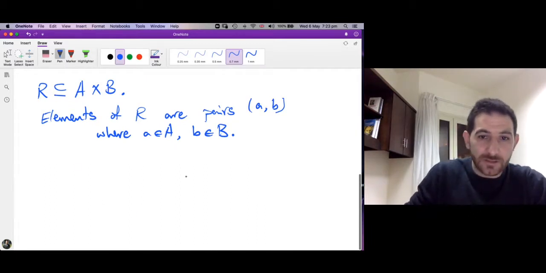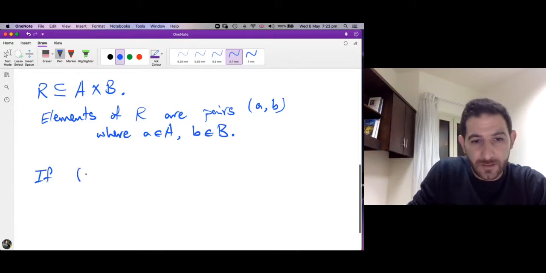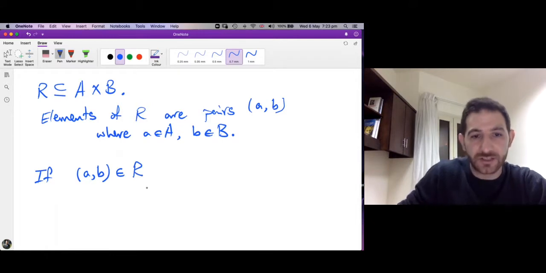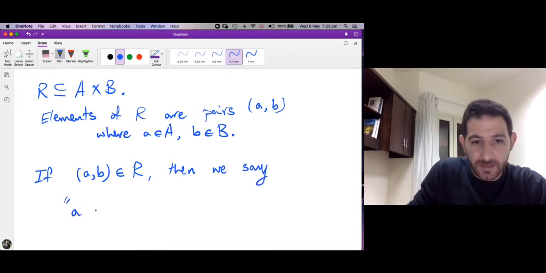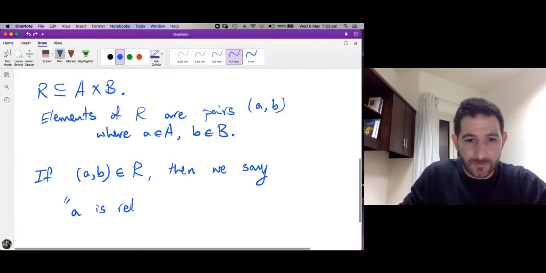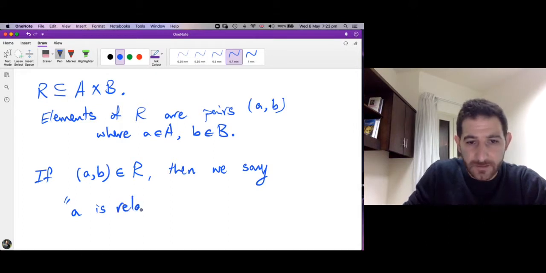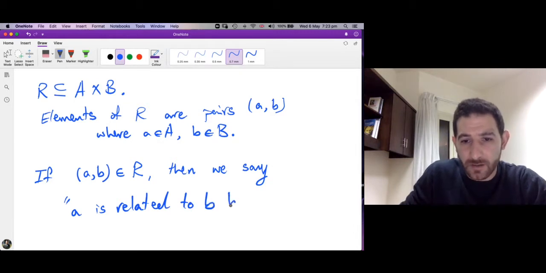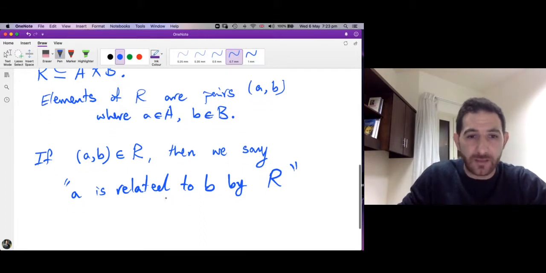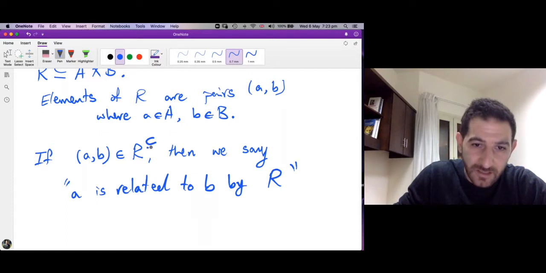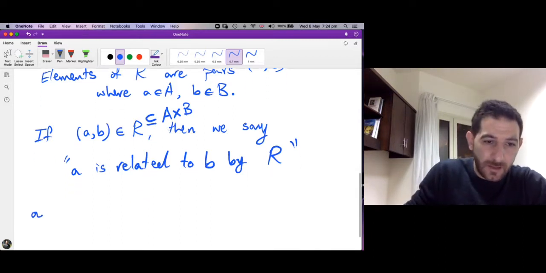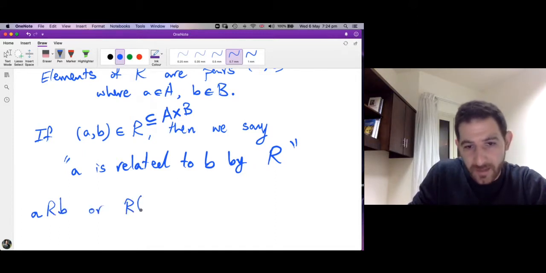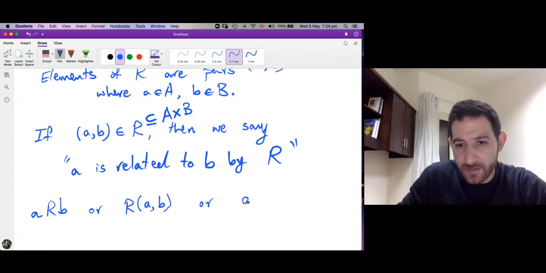Now, since it's a subset, if the pair a comma b belongs to R, so suppose we are given a relation R, so R is a subset of A cross B, suppose this pair belongs to R, then we say, okay, that the element a is related to the element b by the relation R. So this is just a way of saying that the pair ab belongs to the set R. So remember, R is a relation, which means that R is a subset of A cross B. Okay, we also write aRb or R bracket a comma b, or sometimes we use the diagram a arrow b.